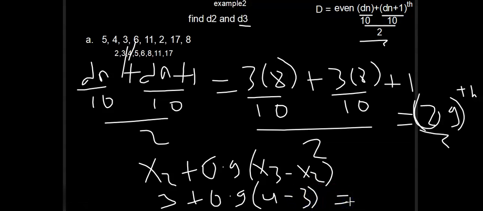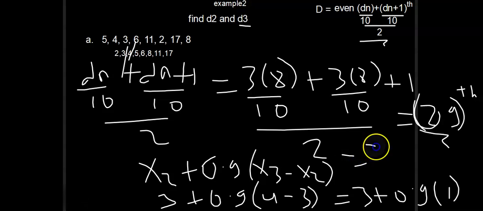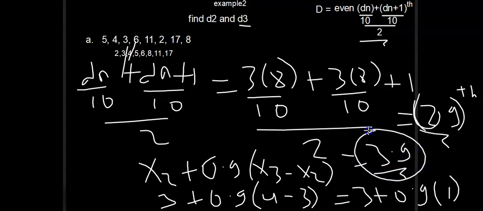And this means that 3 plus 0.9 times by 4 minus 3 is 1. So my last answer will be what? 3 plus 0.9 times by 1. 0.9 times by 1 is 0.9. So my last answer will be 3.9. So this is my last answer, and this is how you deal with the type of question that has decile in it.